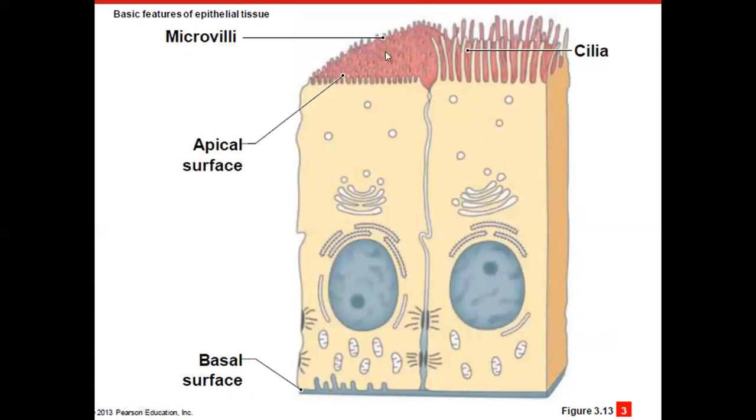On the free surface is where substances are passed, either into or out of the cell. And you can find cilia, little hair-like projections that help move things along a tract, or microvilli that increase the surface area of a cell by extending the cell membrane so that you can maximize absorption or secretion of any substances that are being moved.